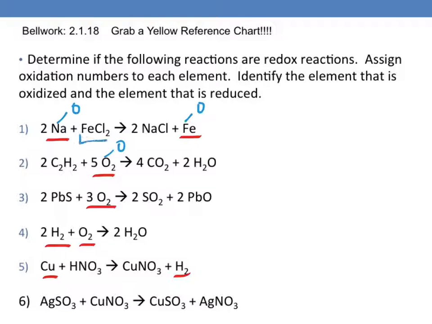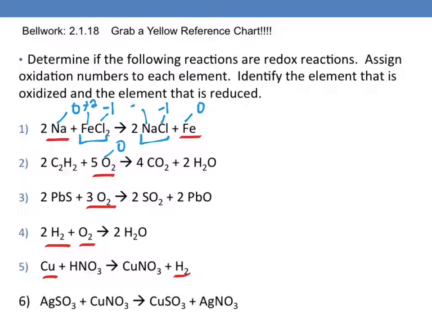These are ionic compounds, which means their oxidation number is what? In an ionic compound, they become ions, which means they have a charge, which means their oxidation number is what? Their charge. So the oxidation number of chlorine here is -1. The oxidation number of iron is +2.